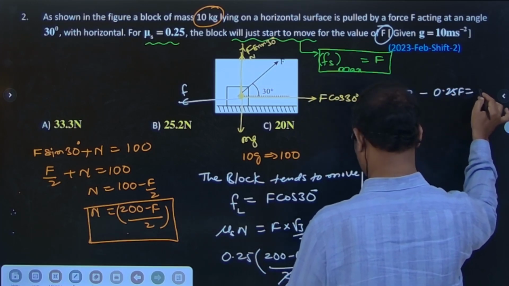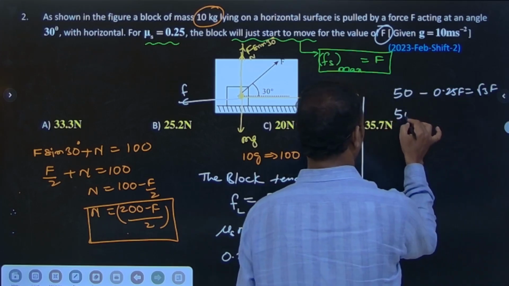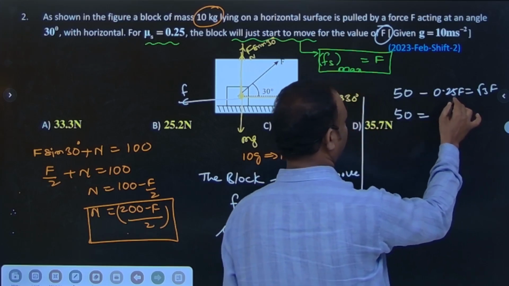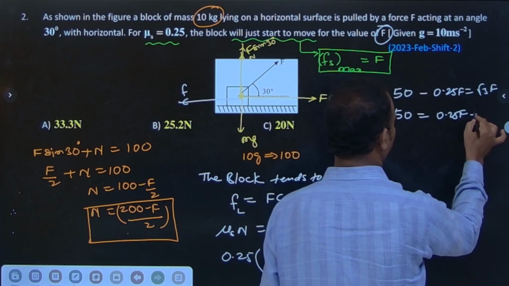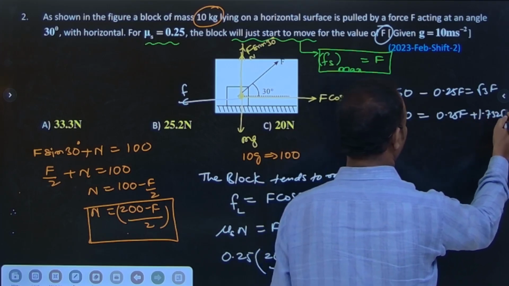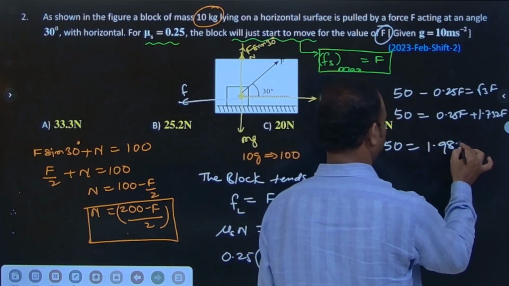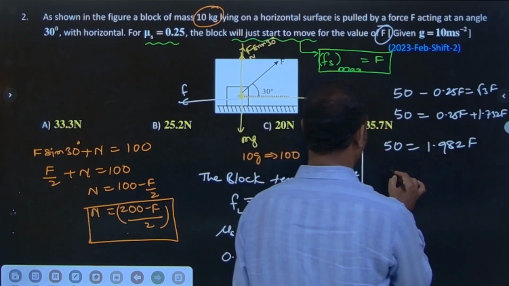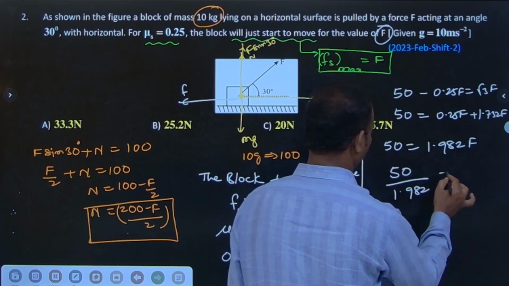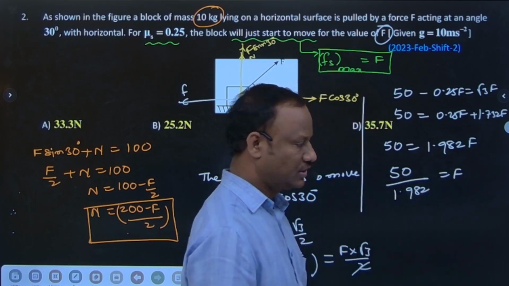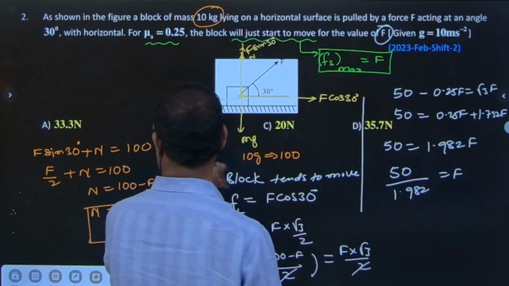0.25 F is equal to root 3 F. So 50 is equal to 0.25 F plus root 3, that is 1.732 F. So 50 is equal to 1.982 F. So F is 50 by 1.982. 1.982 is nearly 2, so 50 by 2 is 25.